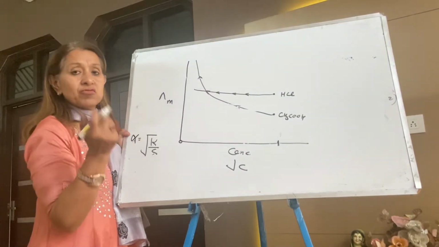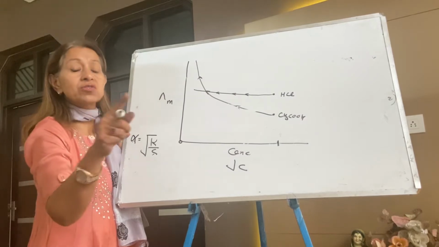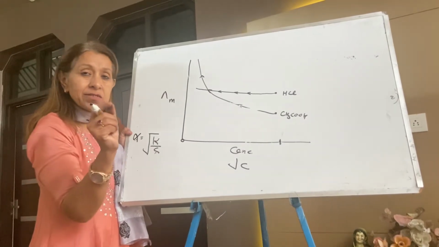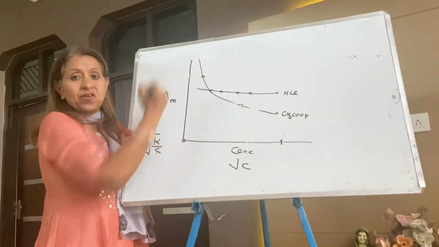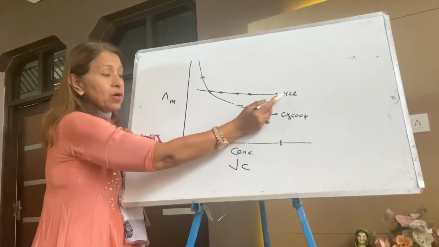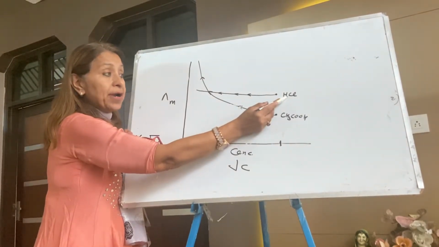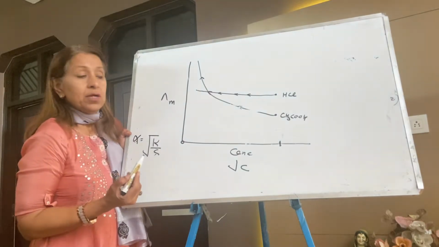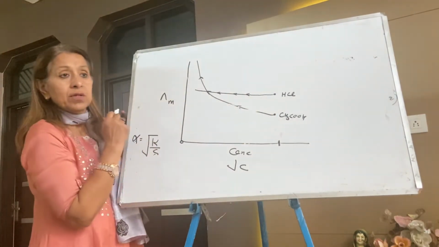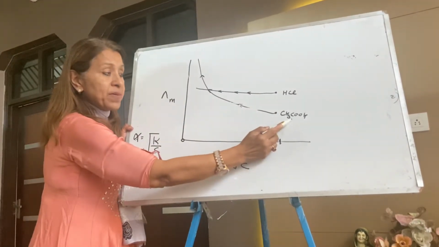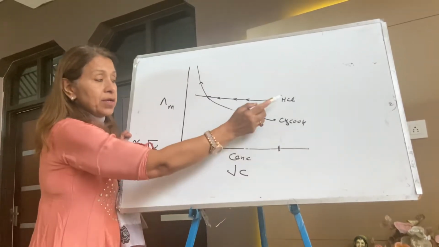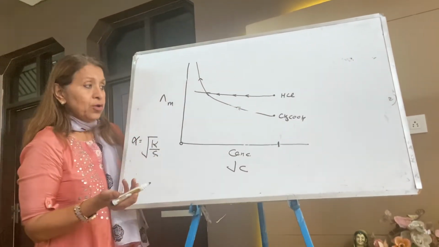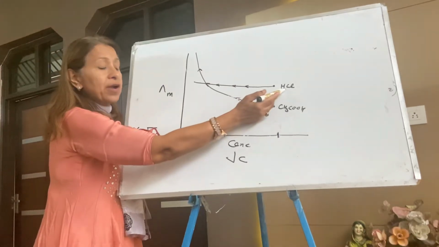It is almost a straight line. It increases slightly. Why? Because strong electrolyte is already in ionic form. It is 100% ionic, but it was just 4-5% ionic at this stage. On dilution, no ions increases because it was already in ionic form.